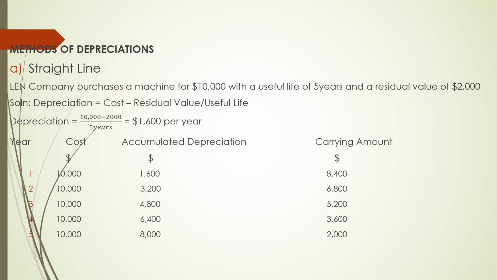The item had a cost of 10,000, and our annual depreciation that we calculated initially is 1,600, so we have a fair idea of how to come about the carrying amount. It is the 10,000 minus the 1,600, giving us $8,400.